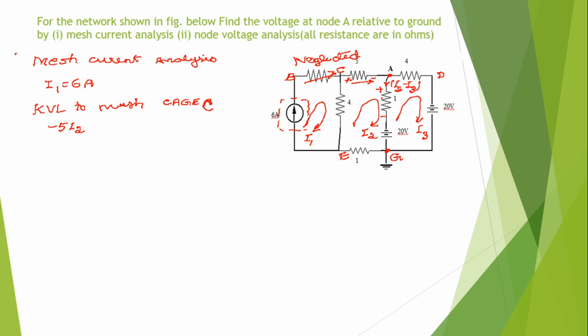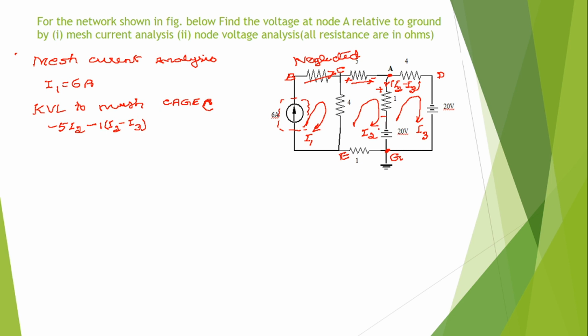So in this element, the voltage falls from A to G. Once again the voltage falls, so it is minus 1 into the voltage drop, R into I, which is I2 minus I3. This is the voltage drop across the 1 ohm resistor.